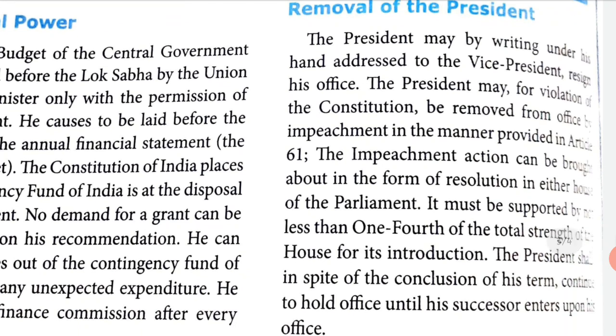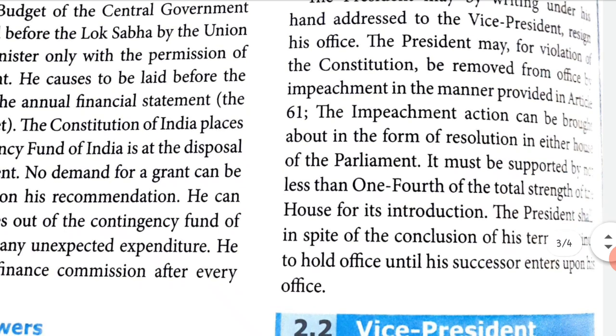The impeachment action can be brought about in the form of a resolution in either house of Parliament. So if the President is found guilty and is to be removed, that has to be resolved. It has to come to both houses of Parliament and they have to decide, and only then can he be sent off. It must be supported by not less than one-fourth of the total strength of the house for its introduction.